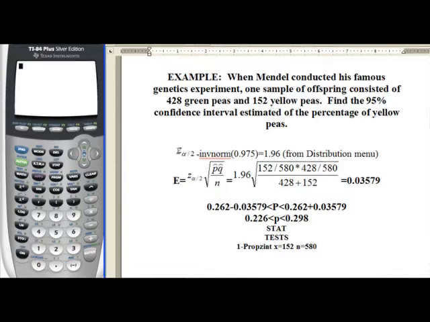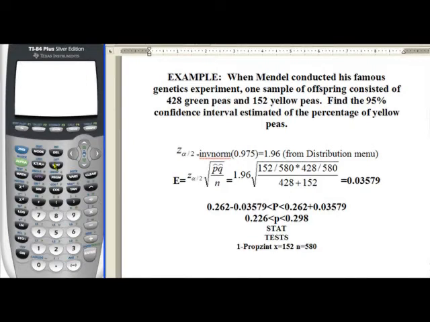Now, if you look at your standard statistics books, the Z alpha over 2, which is in this margin of error formula, can be obtained using your statistics calculator by using the inverse norm. So I will show you how you can get Z alpha over 2 given a percentage of confidence interval.